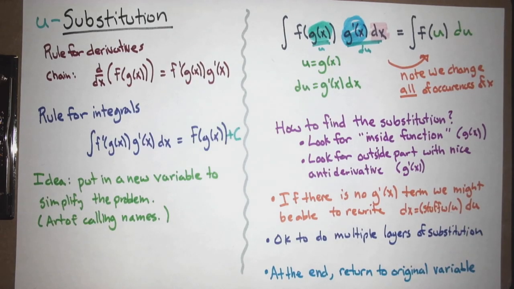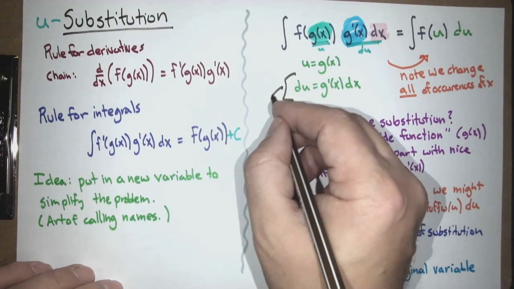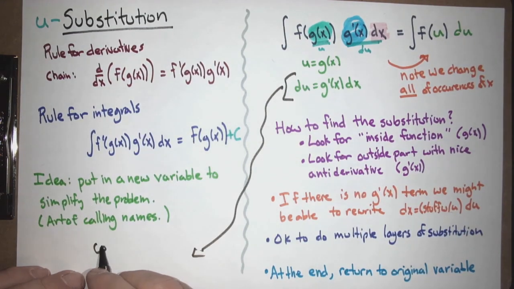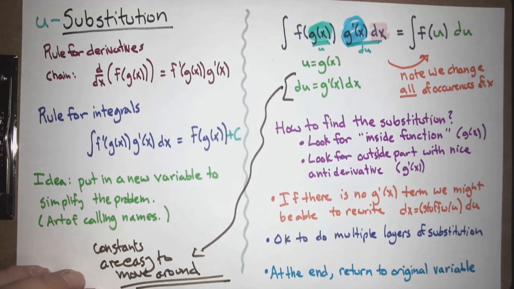And I should add a little note here. Note. Constants are easy to move around. I knew I would forget something. Okay. We'll see what that means as we go on.